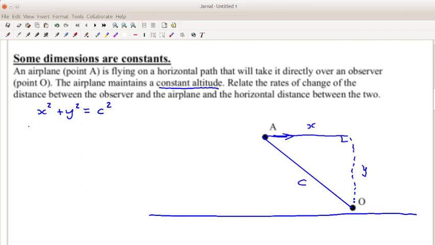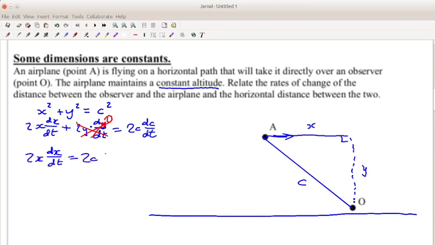If I forgot that and I just did my regular 2x dx/dt plus 2y dy/dt equals 2c dc/dt, then at this point I would go, hang on a second, we've got a constant altitude, so y is not changing with respect to time. That means this full quantity is going to be 0, which means this whole term disappears, and I'm left with 2x dx/dt equals 2c dc/dt.